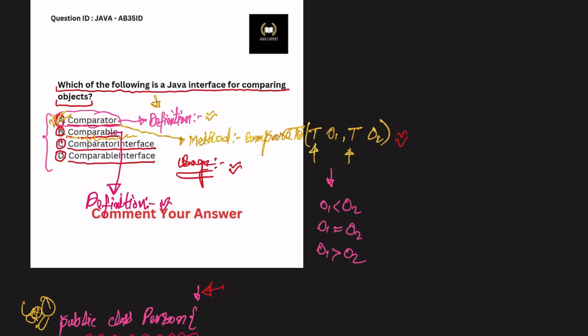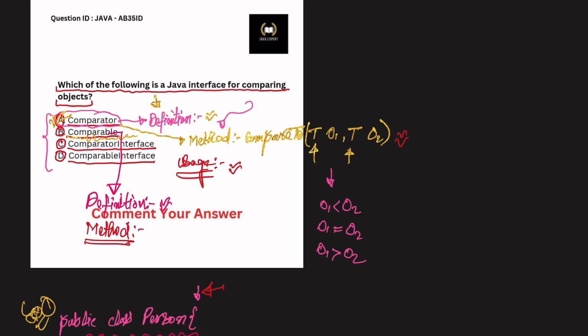Let me tell you, for option A, we have also seen the method. Okay, let me explain the method for comparable. Let's talk about the method which you can use in the comparable interface.